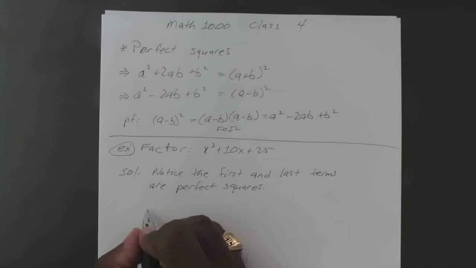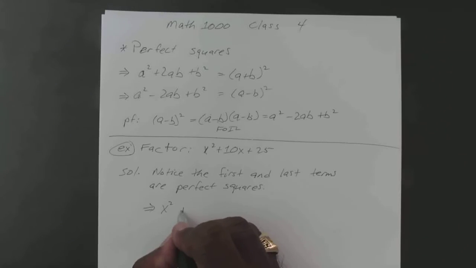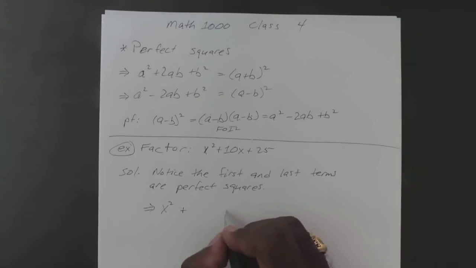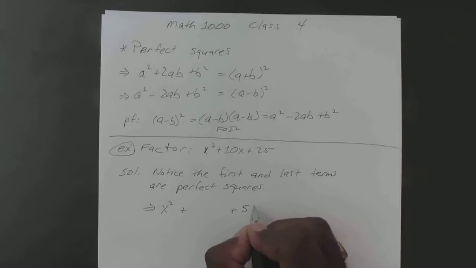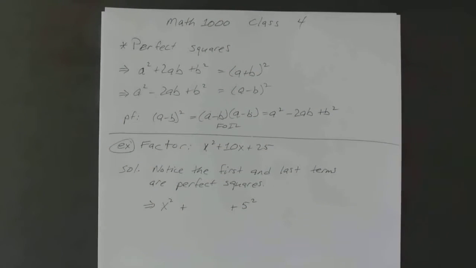So here you have x squared. We'll leave the middle blank for now. And on the outside you have 5 squared. Since 5 and 5 is 25.